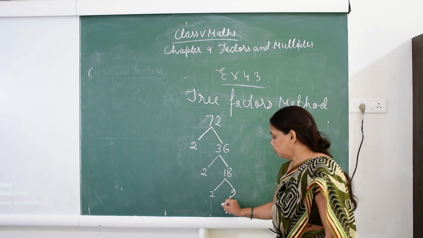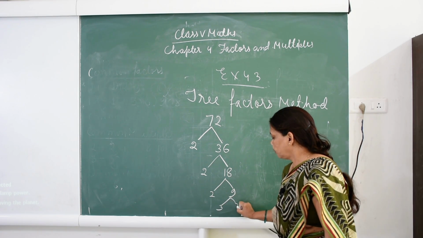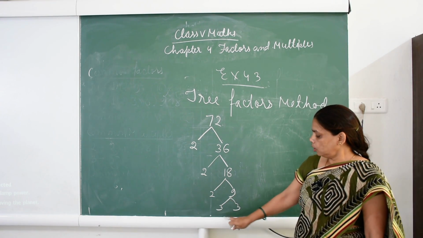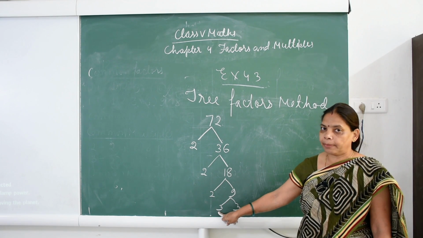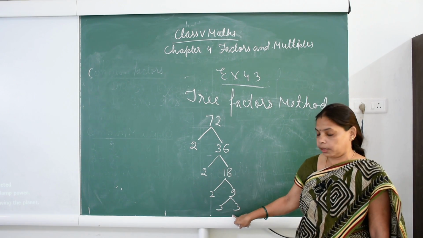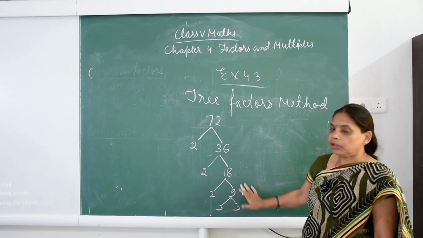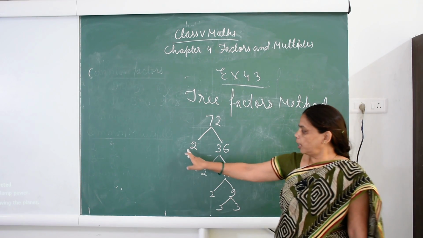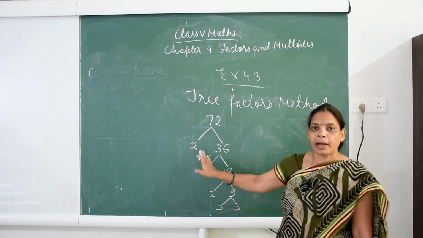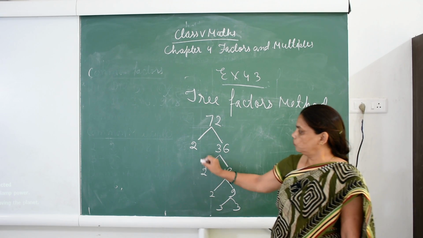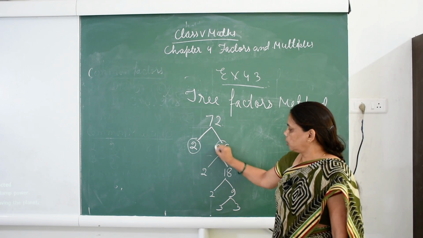It is divisible by 3. 3 threes are 9. So look here, all these are prime numbers. When prime numbers come at the last, then your sum will be completed. Now these are the prime factors of 72 by the tree factor method. We can circle them.